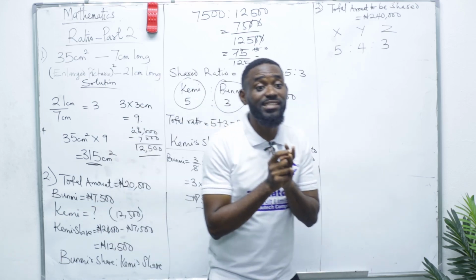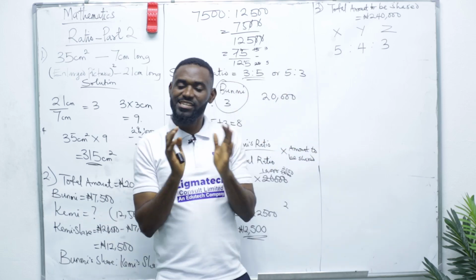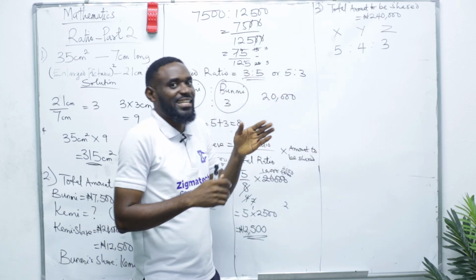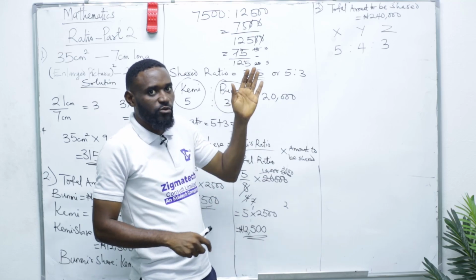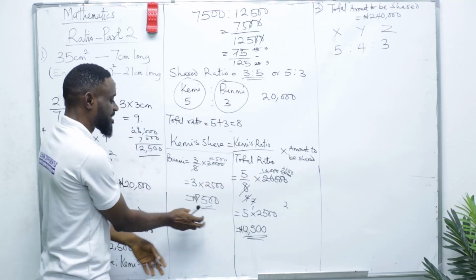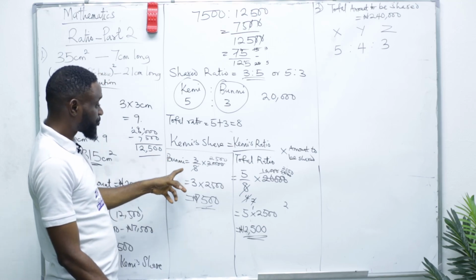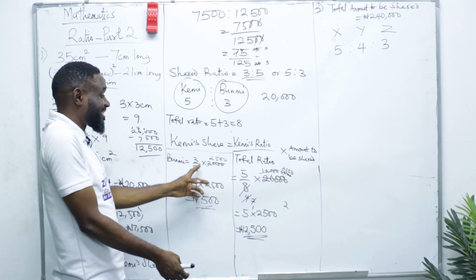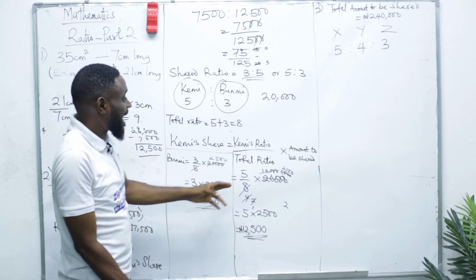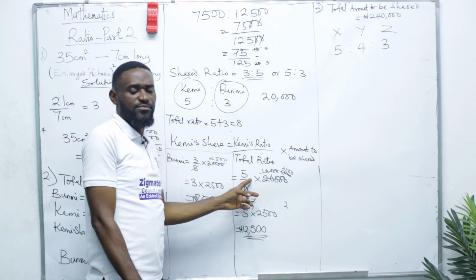What is the least share? It means that who will take the least share from that ratio? Remember, when we did this, we saw that Bumi's sharing ratio was 3, while Kemi's sharing ratio was 5.